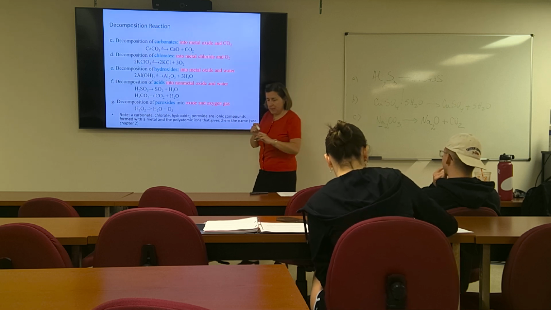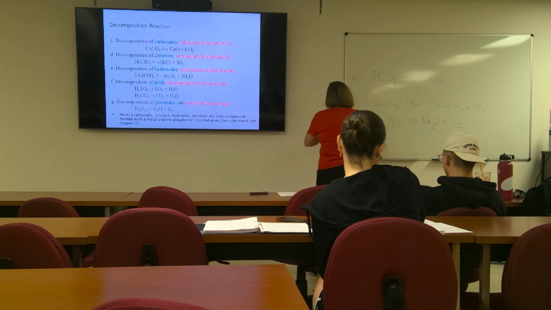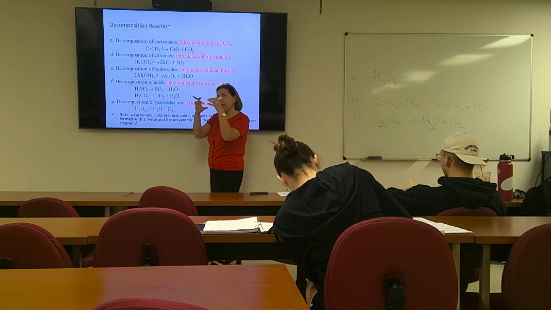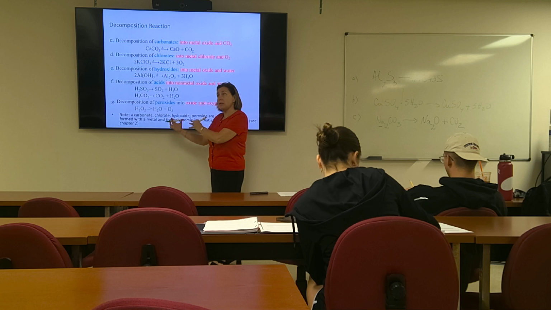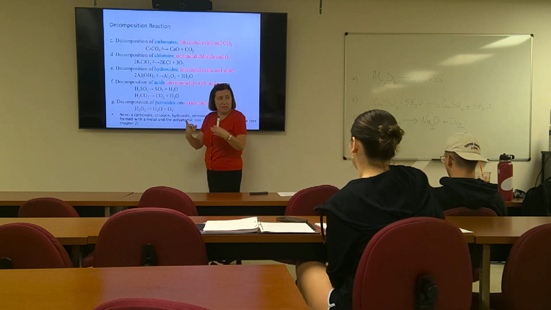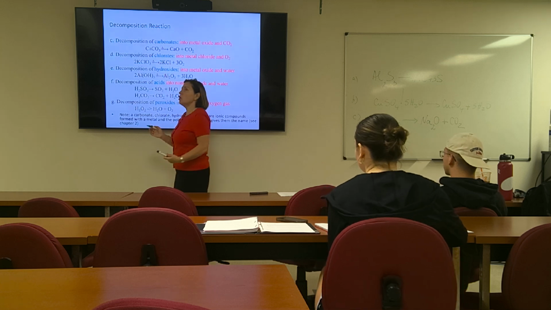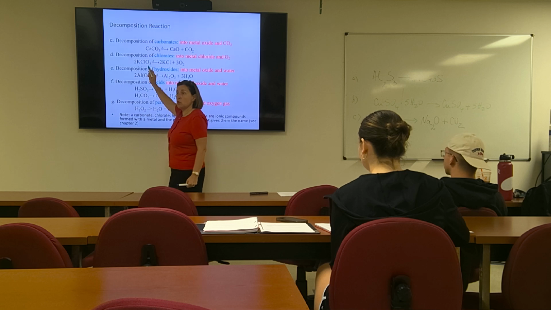Good? Okay. All right. The next type of decomposition is a chlorate. So we have different types of compounds that break in different ways. If we remember what compound breaks into what, you can actually replicate this and apply it to any kind of compound. So chlorate, what's a chlorate? Something that contains the polyatomic ion ClO3. That is your chlorate.